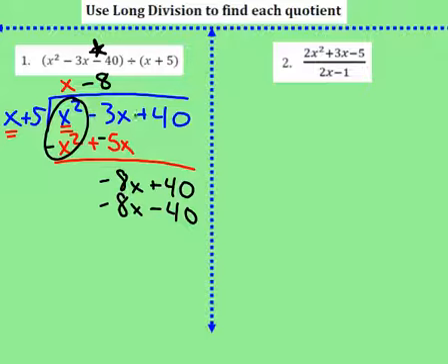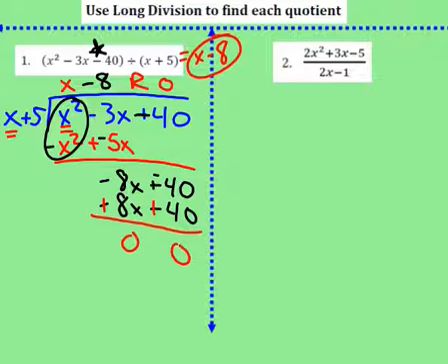This is a minus 40, and a minus 40 would all cancel out. So if we're subtracting here, make this a plus and a plus. So that's 0 and 0, because then your remainder here is 0. That would make the answer to this just x minus 8, with no remainder.